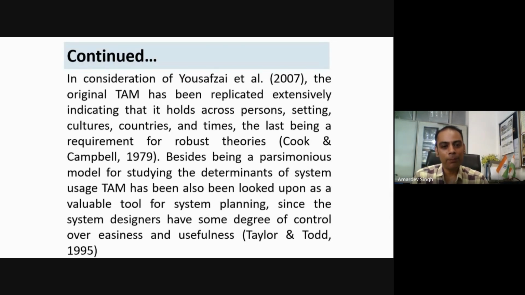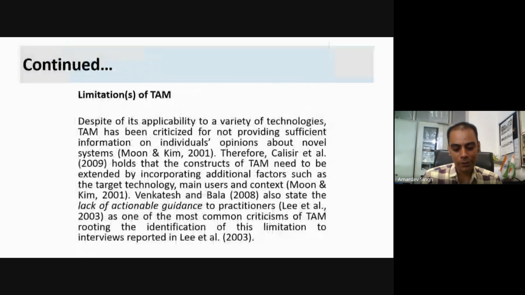Besides being a harmonious model for studying the determinants of system use, TAM has also been looked upon as a valuable tool for system planning, since the system designers have some degree of control over ease of use and usefulness. So if the system designers analyze any system through this TAM, you can incorporate the ease of use and usefulness elements into your technology or systems.